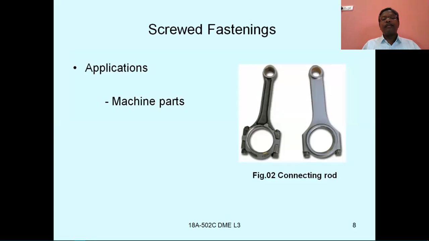Machine parts can be joined by using screwed fasteners. Here you can see the connecting rod. We have used screw fasteners or bolts for joining these two parts, this one and this one.